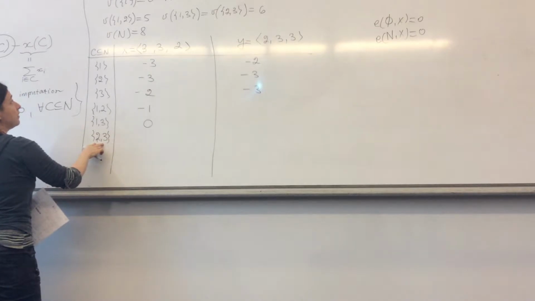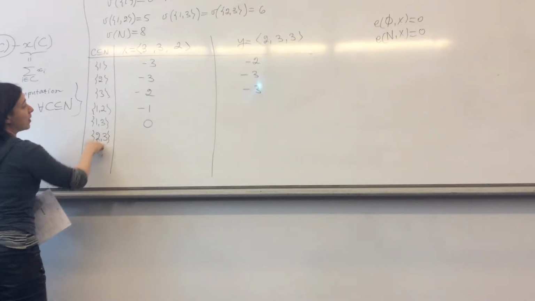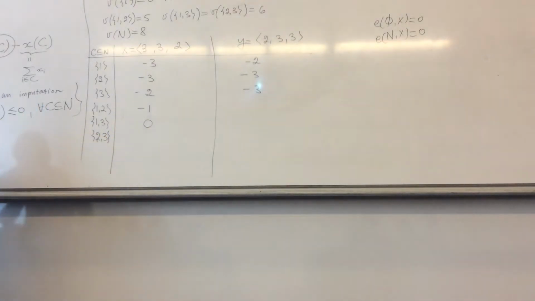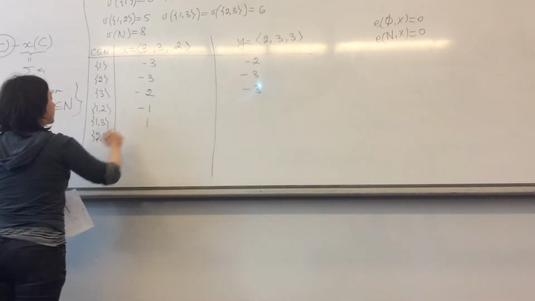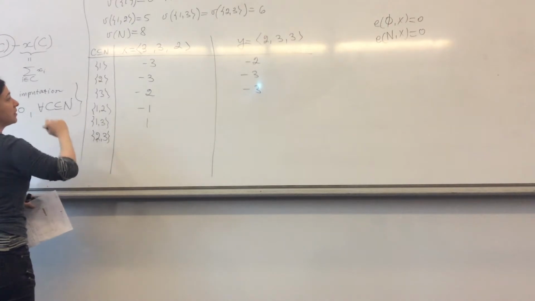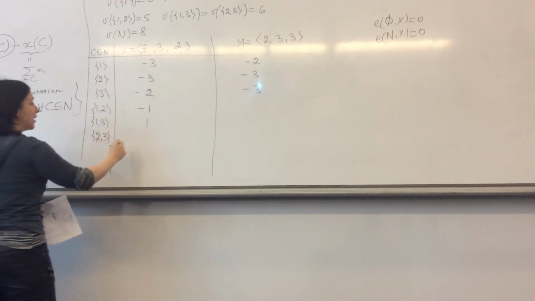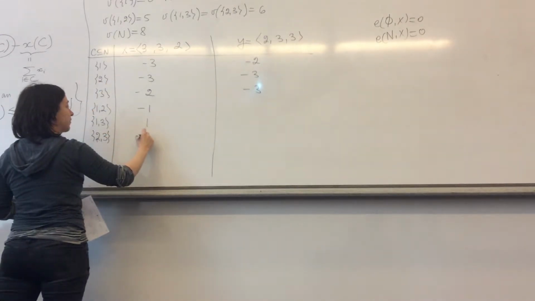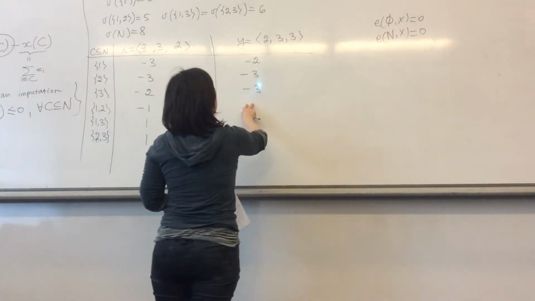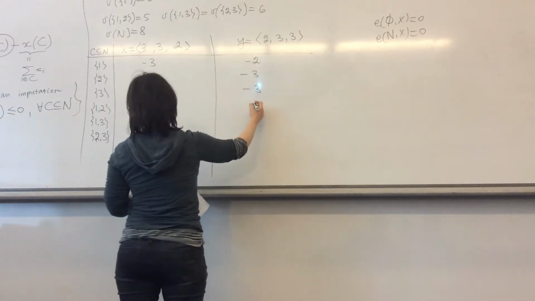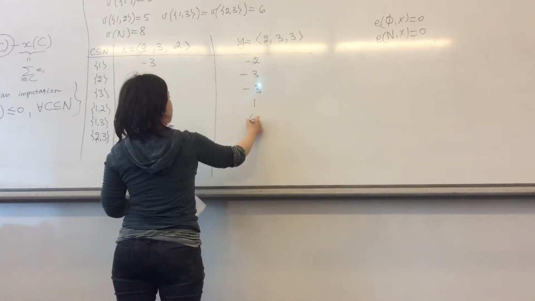And 2 and 3, the value, sorry, yeah, that was 6. Correct. So that would be 1. And same for 2 and 3, right? The value is 6, and what they're getting under the vector x is 5, so it's really 1. Here we get 1, 0, 0.